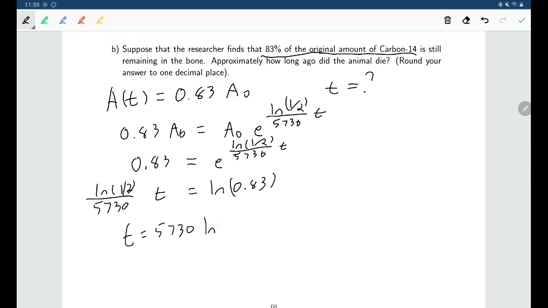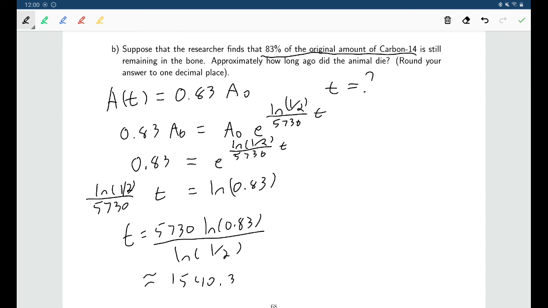And then now solving for t, t equals 5,730 times natural log of 0.83 divided by natural log of a half. And then running that through my calculator, I get 1,540.32. Let's just double check that. We have 5,730 times natural log of 0.83 divided by natural log of a half.